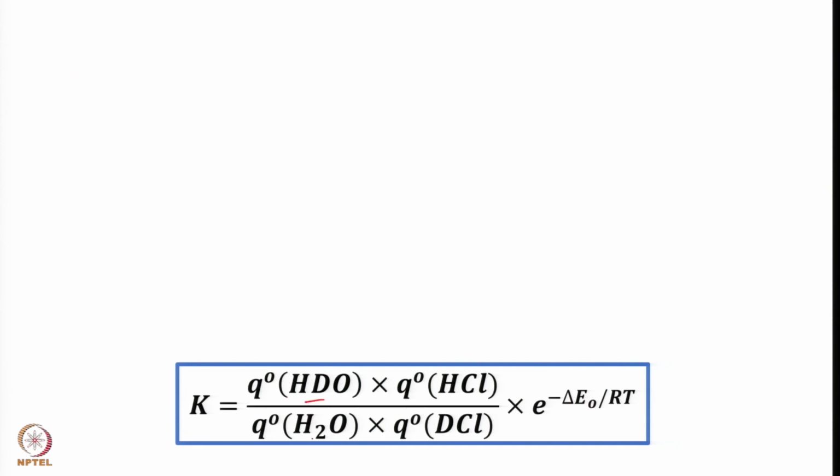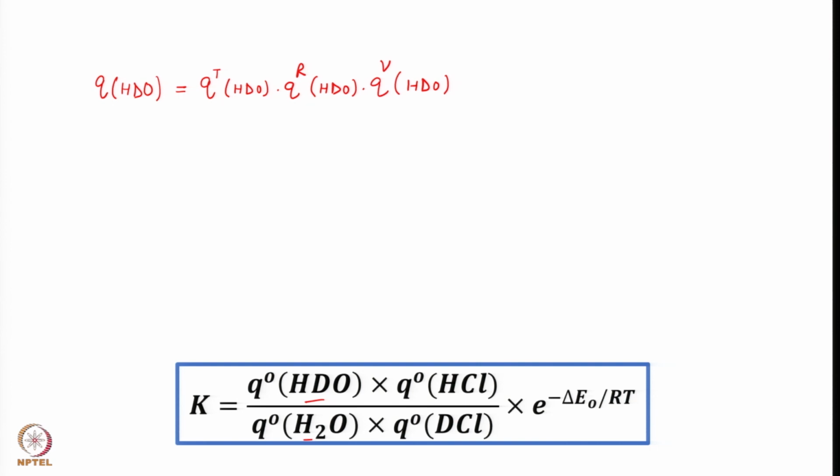HDO and H2O. Let me write for Q HDO. I am not writing the naught, just to make it simpler, but assume that this is the standard state. This is going to be Q translational HDO. It can undergo rotation also, HDO. It can undergo vibration also, HDO. And I will rule out electronic, because if at all there is a contribution, that is going to be nearly 1.